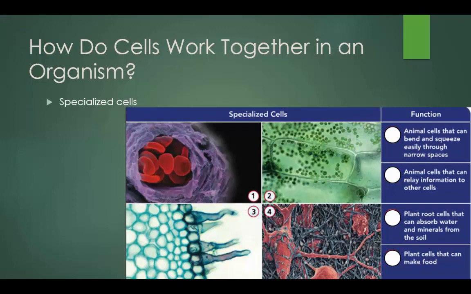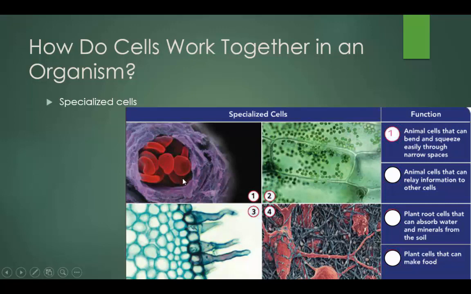So looking at each of these numbered pictures, let's try to identify what they are based on their function. So an animal cell that can bend and squeeze easily through narrow spaces. That looks as if number 1 would meet that criteria. This would be either an artery or a vein, and the blood cells are squeezing through there.